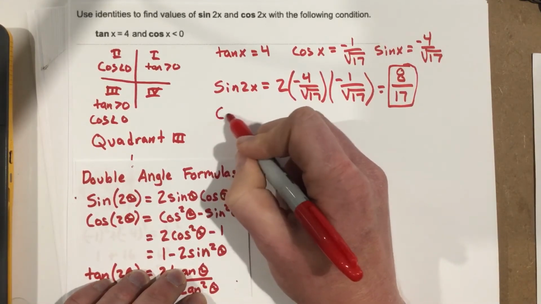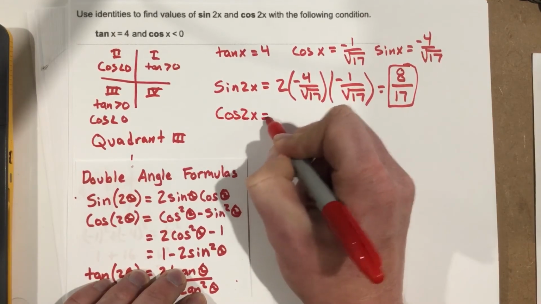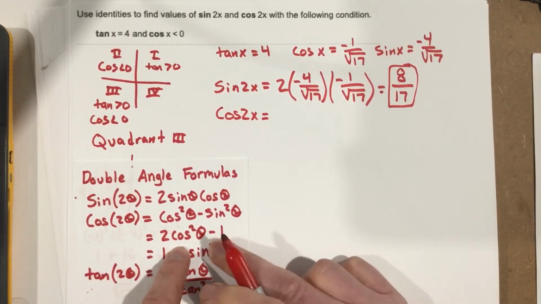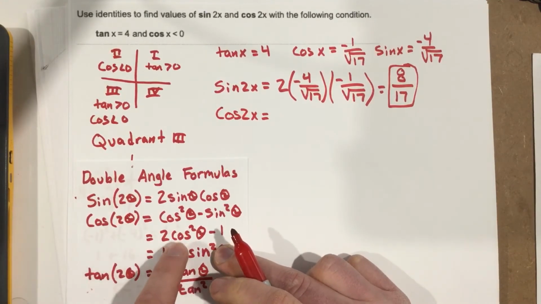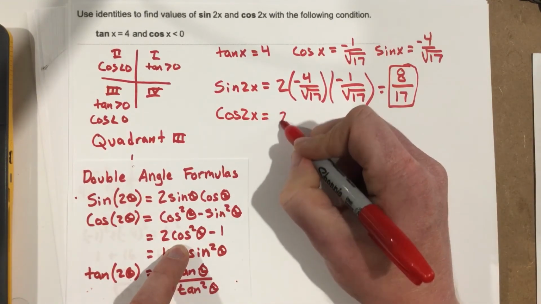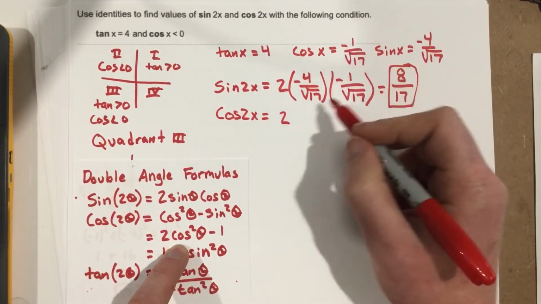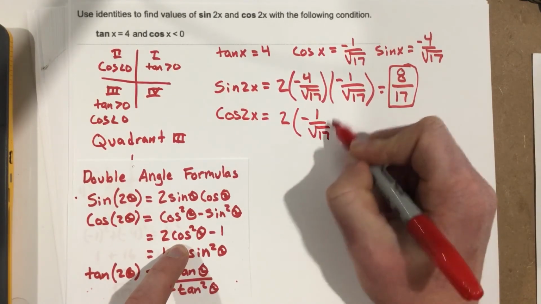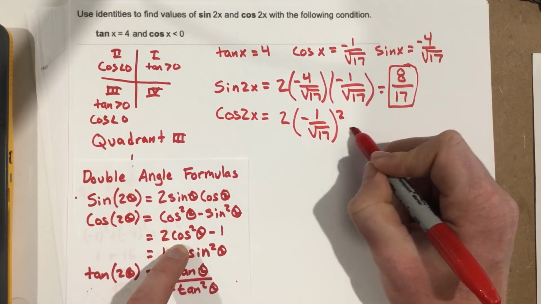If we do cosine 2x, again, I usually like to use 2 cosine squared minus 1. I think we can do that. Let's go 2 times cosine x, so negative 1 over root 17, and we're squaring that, minus 1.